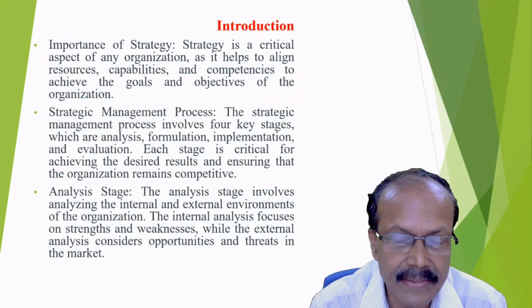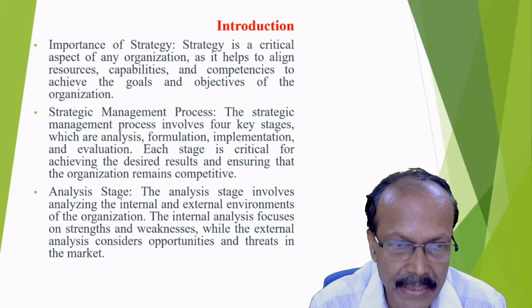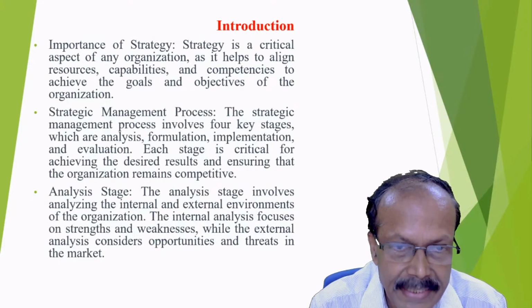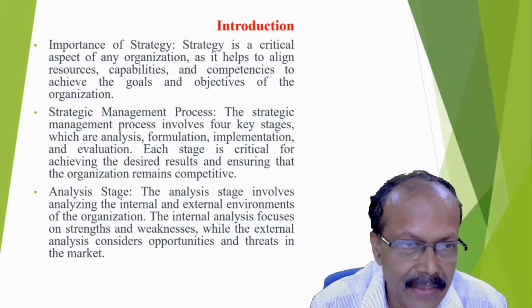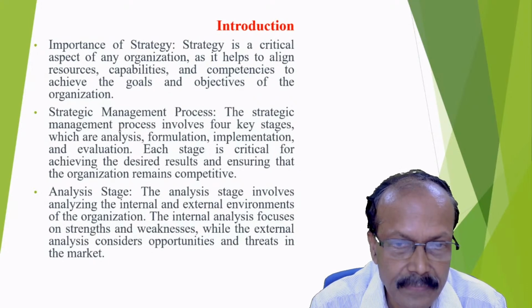The third stage is the implementation of the strategy. And the fourth and final stage of the strategic management process is evaluation and control measures. Each stage is critical for achieving the desired results and ensuring that the organization remains competitive.